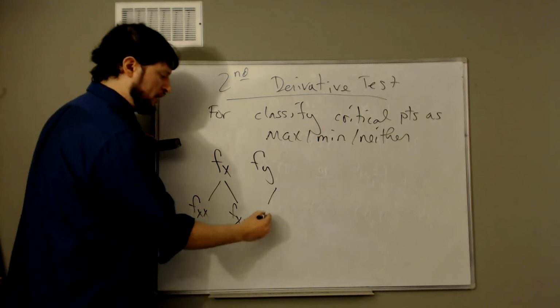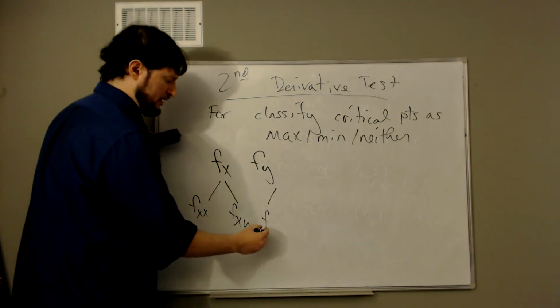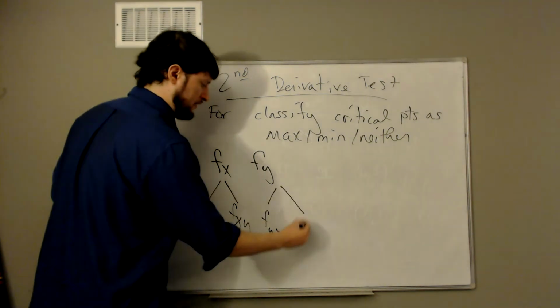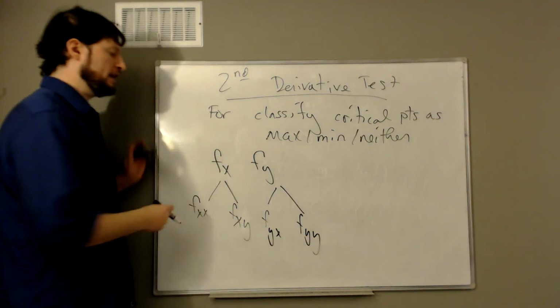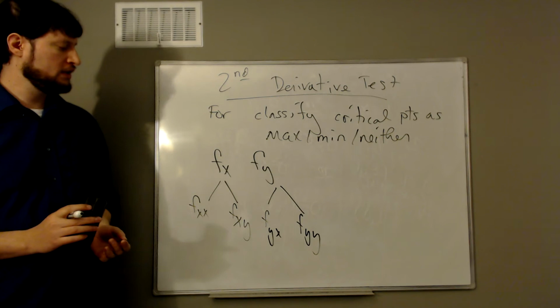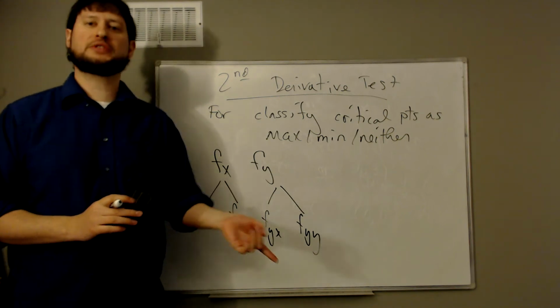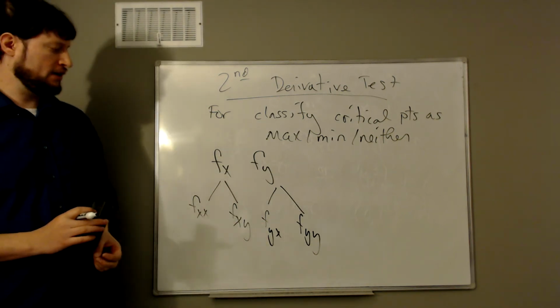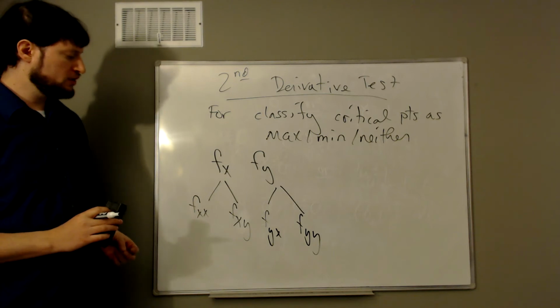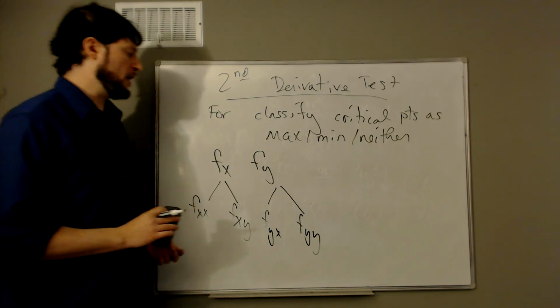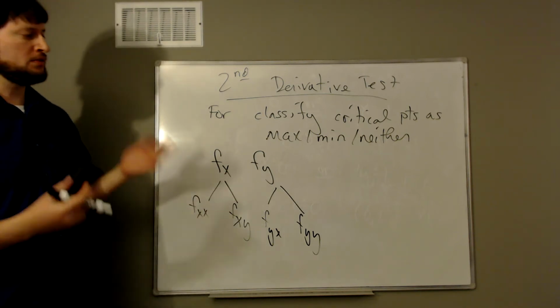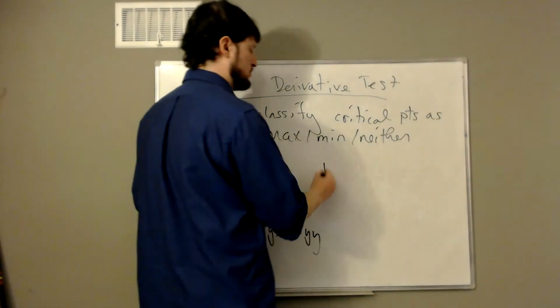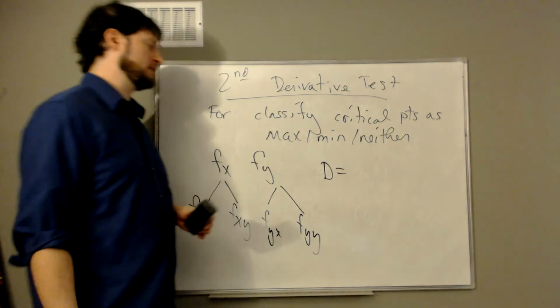Well, f sub y also has second derivatives. So we really have 4 second derivatives rather than just a single second derivative back in the Calc 1 case. And so what we're going to do is combine all 4 of these together into a single object, which we're going to call D again.